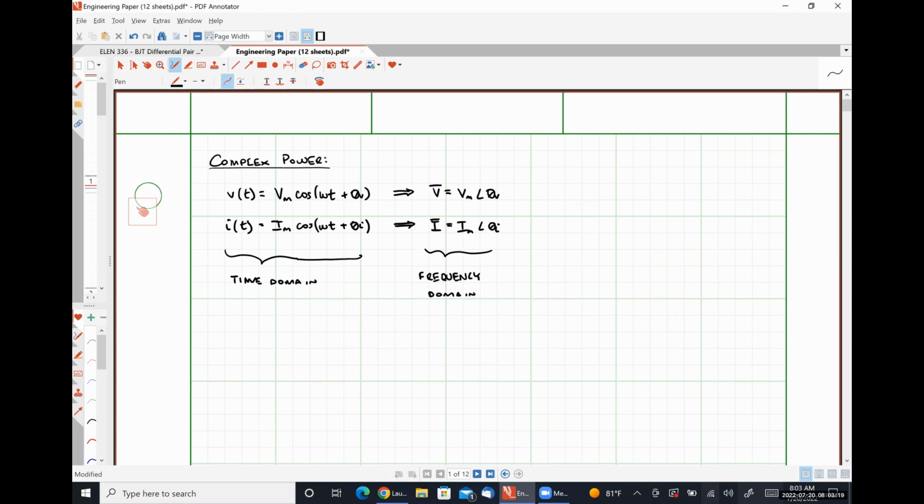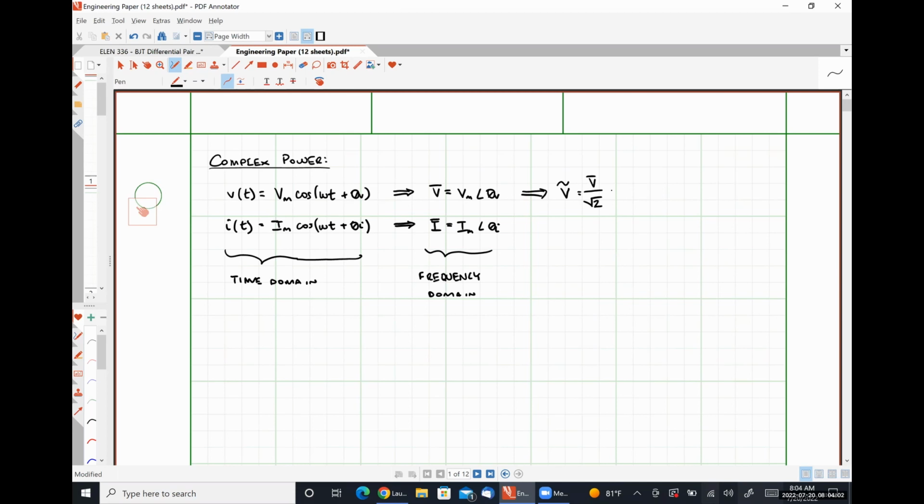We can take this frequency domain representation one step further to get into the RMS phasor domain. An RMS phasor voltage will be V with a tilde over it. That's the symbol that I use. And this is simply our phasor voltage V divided by the square root of 2, because the effective or RMS value of a steady state sinusoidal signal is simply the magnitude of that signal divided by the square root of 2.